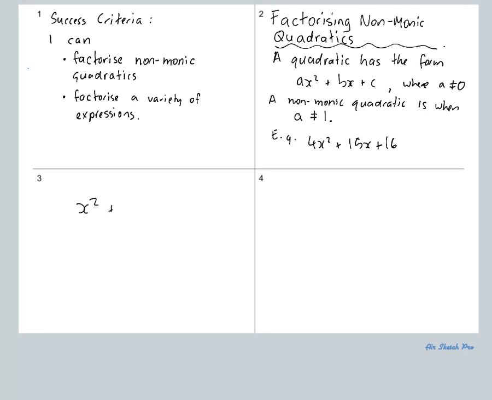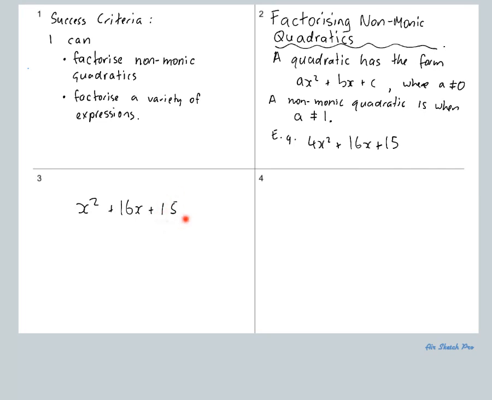If I had x squared plus 16x plus 15, that's now pretty straightforward to solve. It's easy enough because you can either use the box method, or the cross method, or some other method, or even just inspection and intuition.